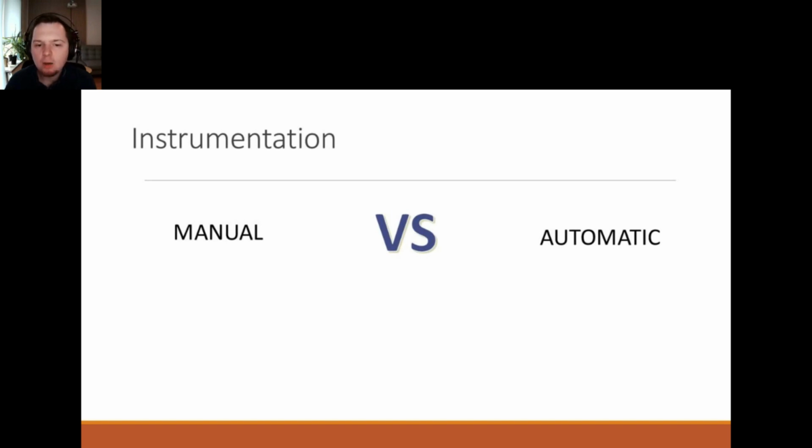If you use auto instrumentation, you need an agent that will inject the code or the span into your application automatically. How it's done technically depends on the language and the framework. If you know Java, it basically injects a jar into the JVM.